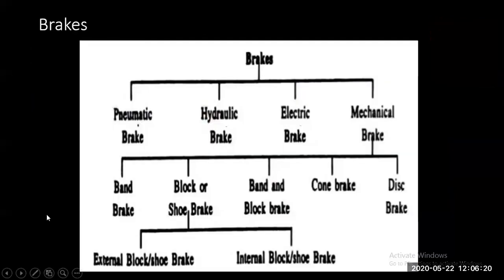The physical classification of brakes, depending on the medium used: there are pneumatic, hydraulic, electric, and mechanical. For our course, we'll be concentrating only on the mechanical brakes. You can research the other kinds of brakes, either pneumatic, hydraulic, or electric brakes.